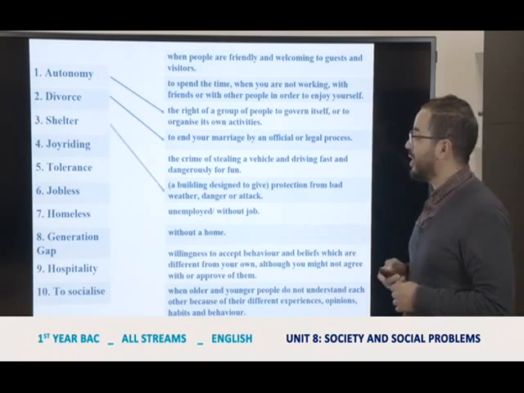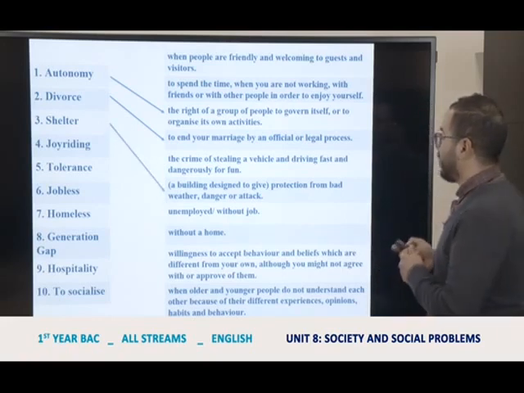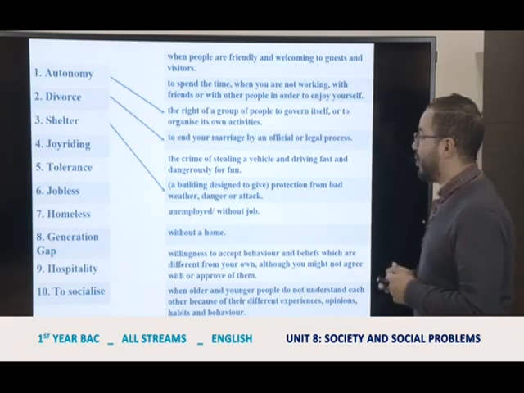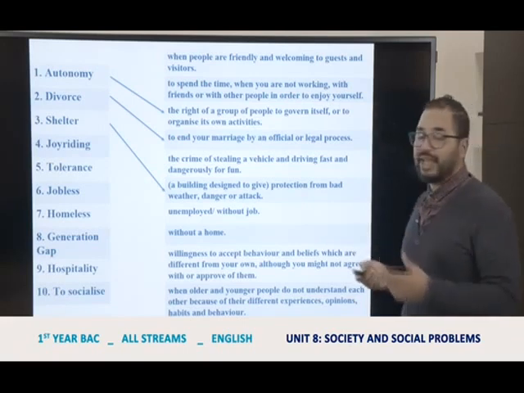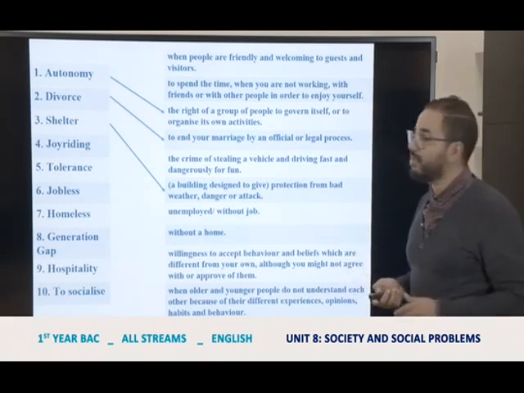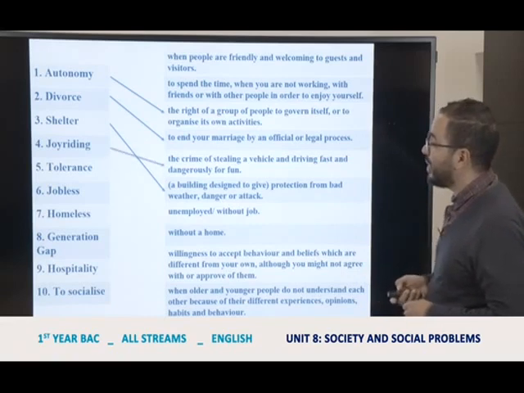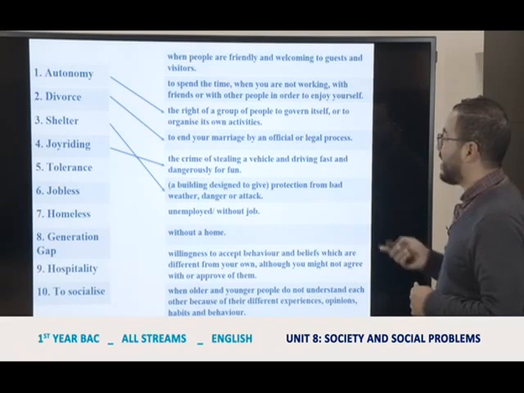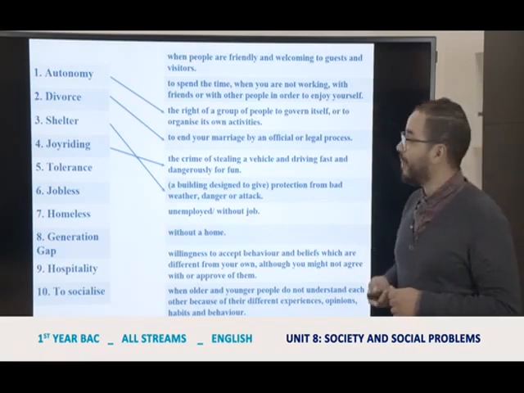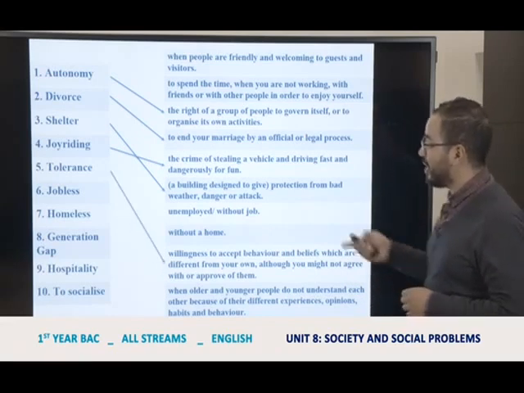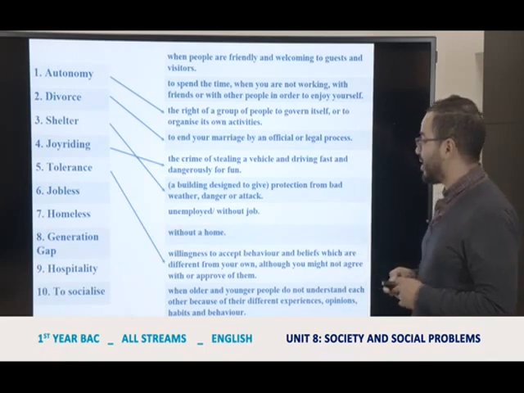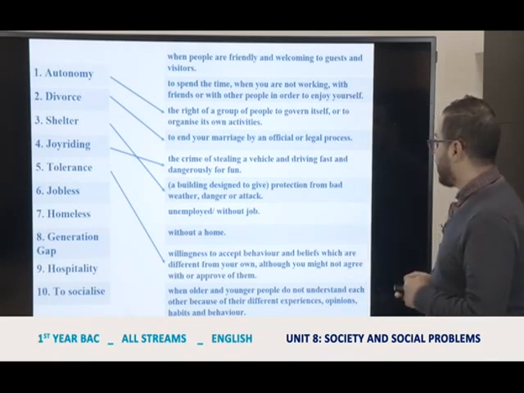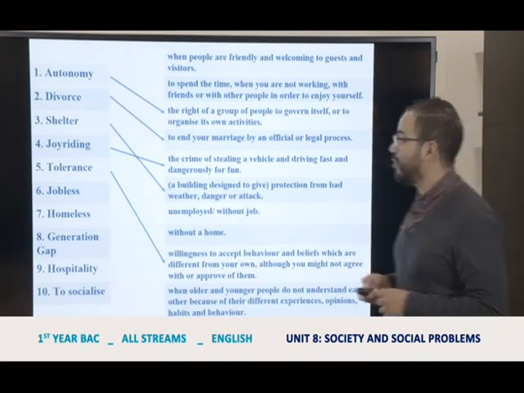Shelter, as we said, is a building designed to give protection from bad weather, danger, attack, and it's also sometimes for homeless people. Joyriding is the crime of stealing a vehicle and driving fast and dangerously for fun. Tolerance, as we said, is willingness to accept behavior and beliefs which are different from your own, although you might not agree with or approve of them.